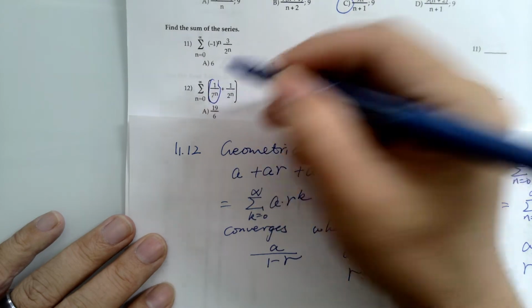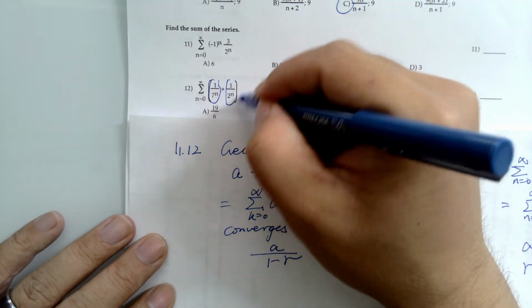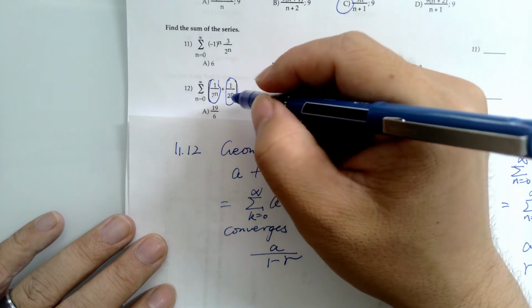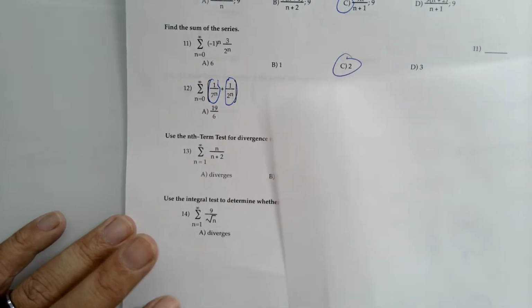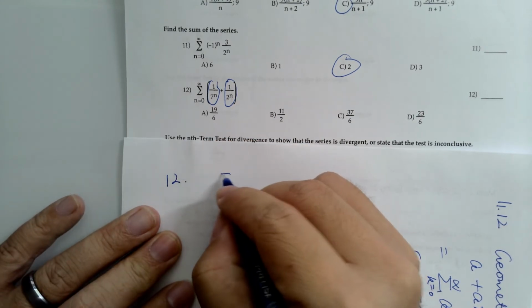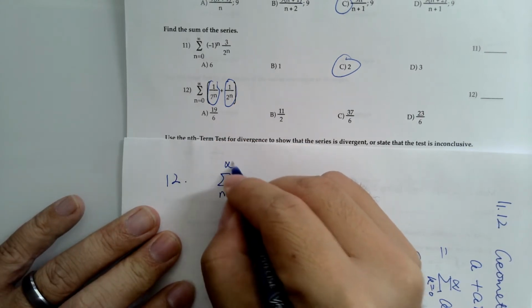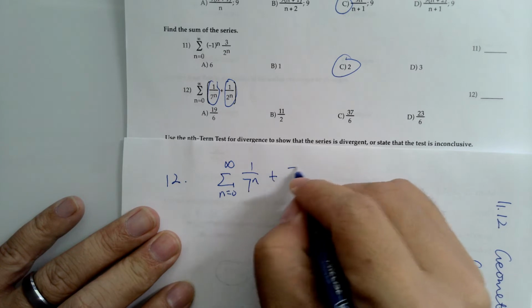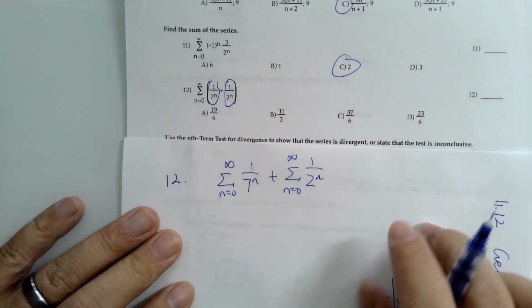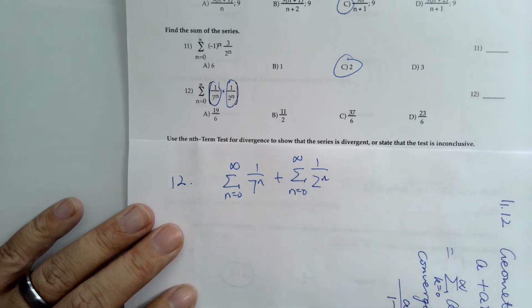Because this is a geometric series, and this is another geometric series. So for this one, let me write here. Number 12. As you can see, we can also handle it like this, since both of those series are convergent.